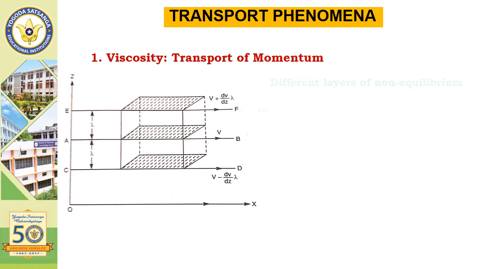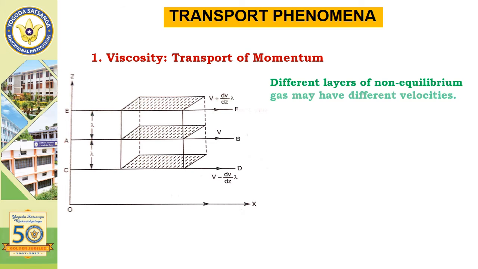In the non-equilibrium state, a gas may have different velocities or momentum at different layers. That means if we move from layer to layer, we have different velocities or momentum.